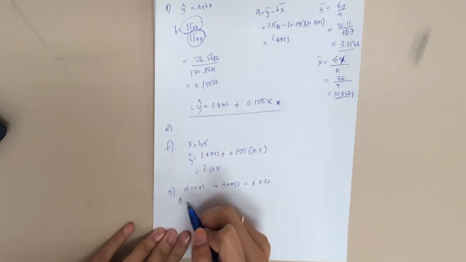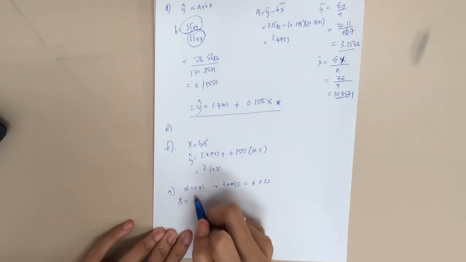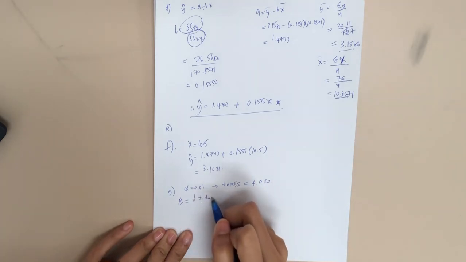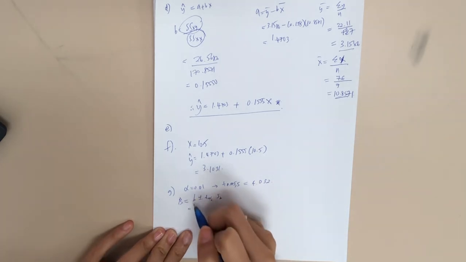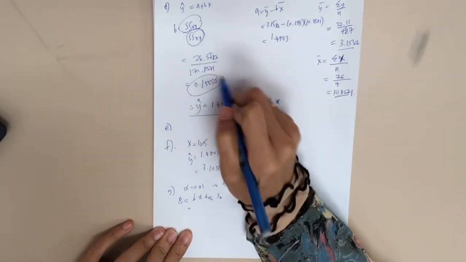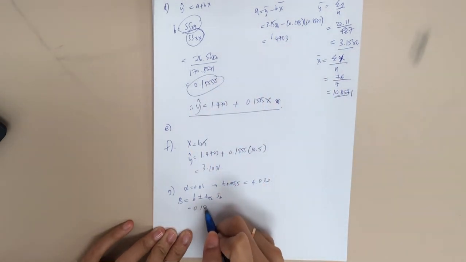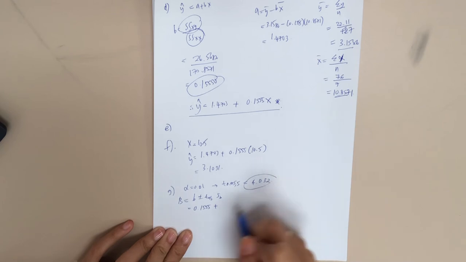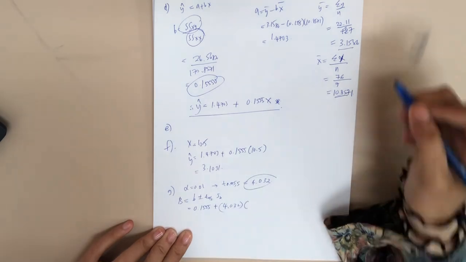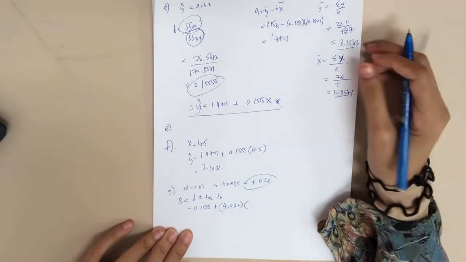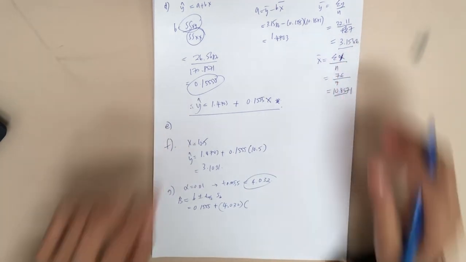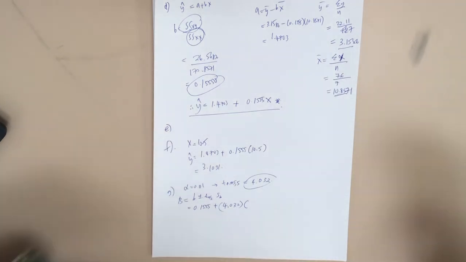So to find the confidence interval, B plus minus T alpha over 2 times SB, and B you already calculated here, 0.1555, and this is your T alpha over 2. And how about your SB? What is your SB? Oh, we didn't calculate it yet. Okay, so now we want to calculate SB.